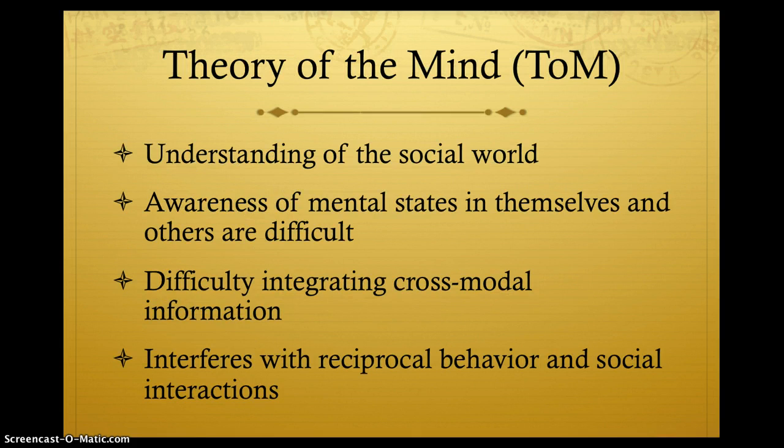And this brings us to the theory of the mind, which is a widely held kind of philosophy around what's happening with people who have autism and how we might explain, particularly, their social interactions. And in the theory of the mind, it's referring to a person's ability to understand their social world. So having the awareness that's shared by most to have typical social interactions.